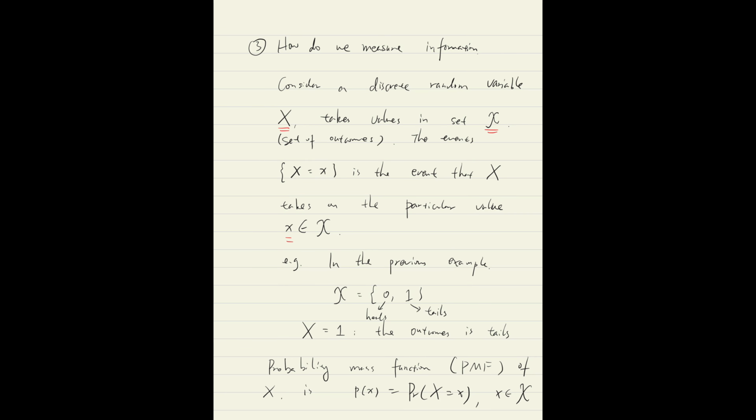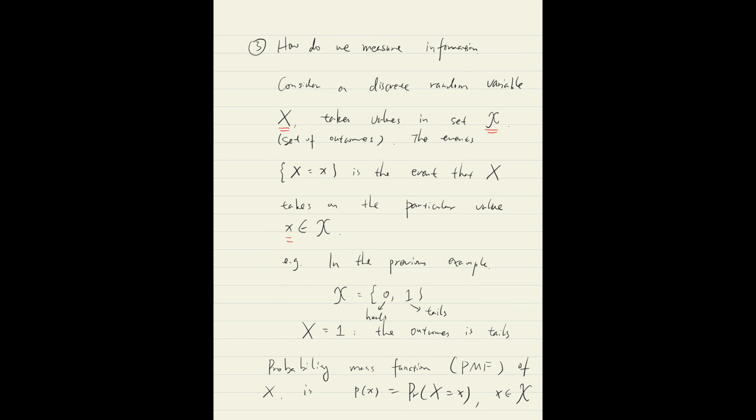Here I have to introduce some notation from probability. So we consider a discrete random variable. We use the notation of capital X to define a random variable.